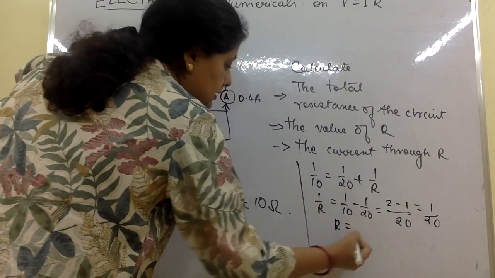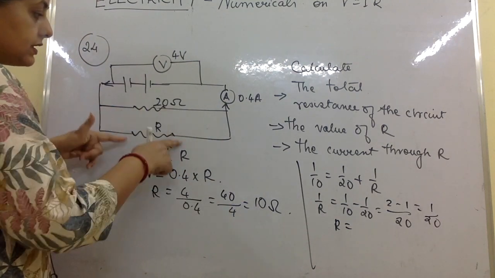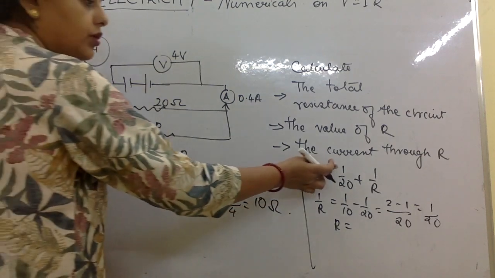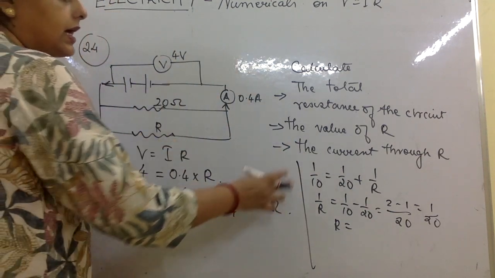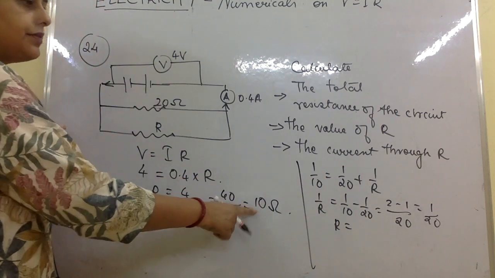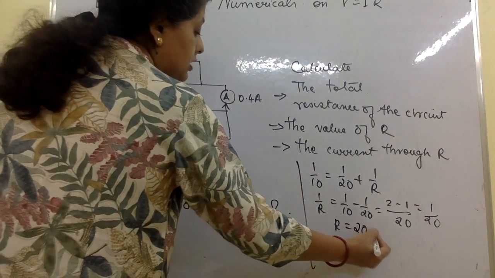I used the formula of equivalent resistance and wrote 1 by 10 because I knew my equivalent resistance was 10. So here R is 20 ohms.